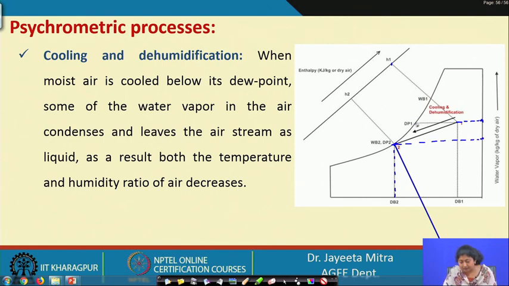Because some moisture has condensed, it has released heat to the ambient, so we are getting a slightly lower enthalpy value.